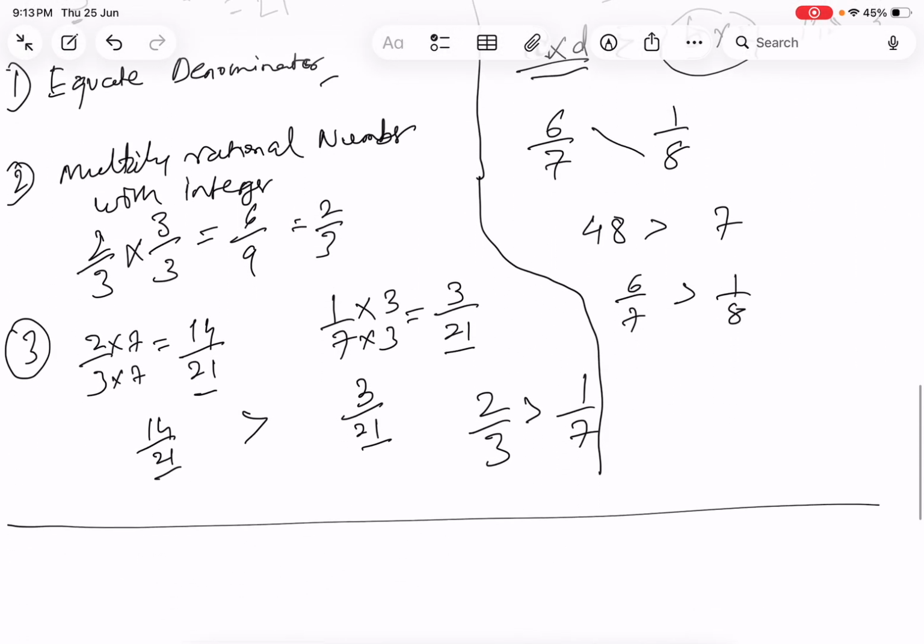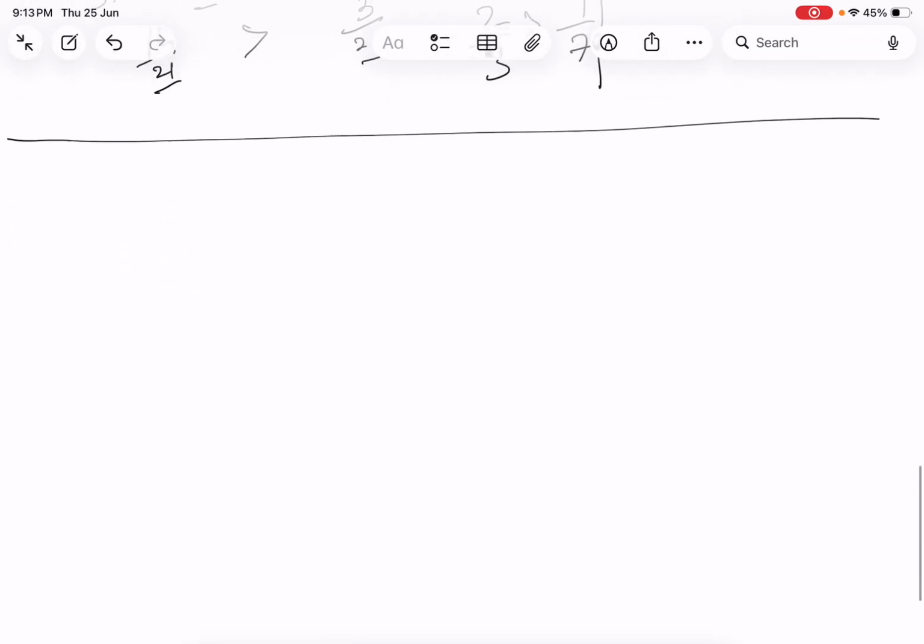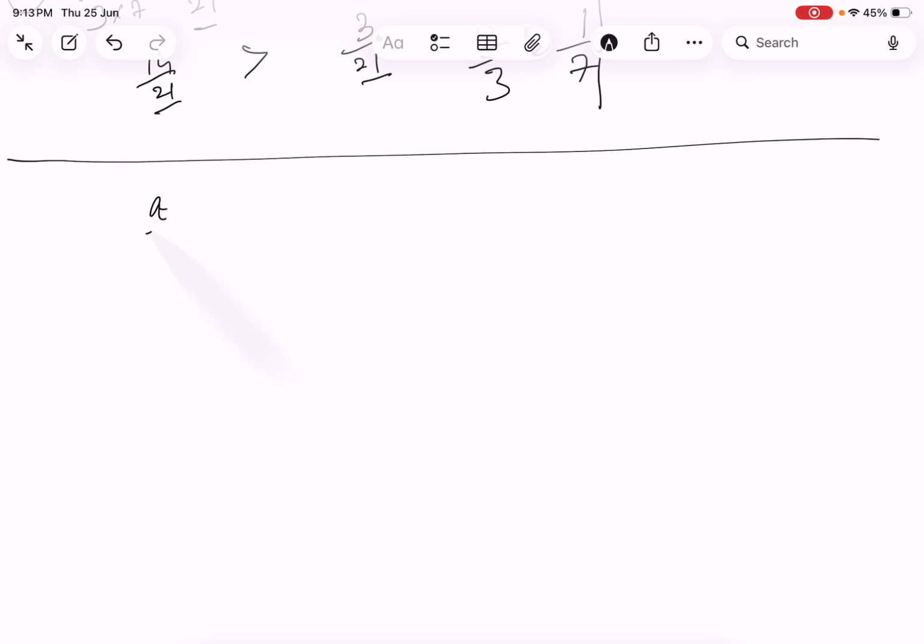So in that we saw that if we have two rational numbers, say in the form of a upon b and c upon d, then we multiply a times d and b times c. If a times d is greater, then the rational number a upon b is greater than c upon d.